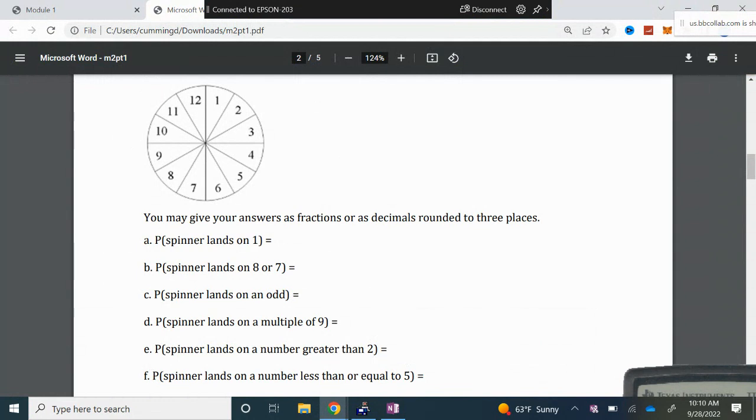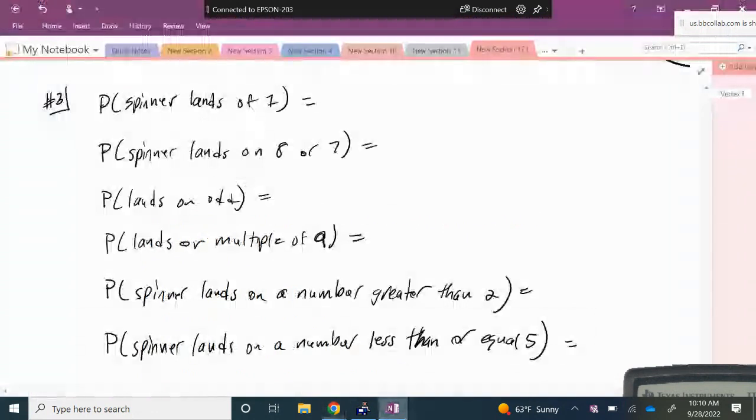Well, how many ones are in the spinner? Just 1, right? So the probability of a 1 would be what? 1 over 12, which is 0.167.